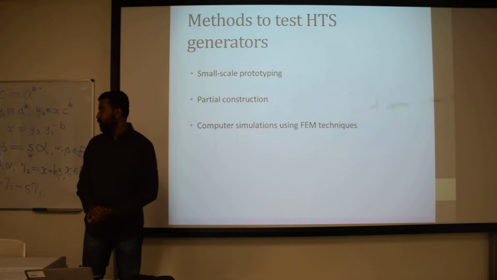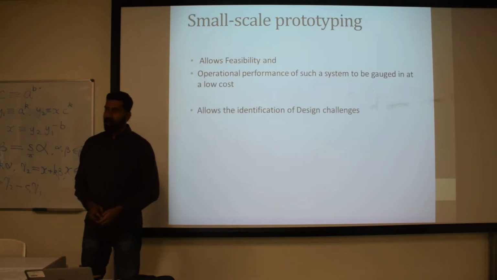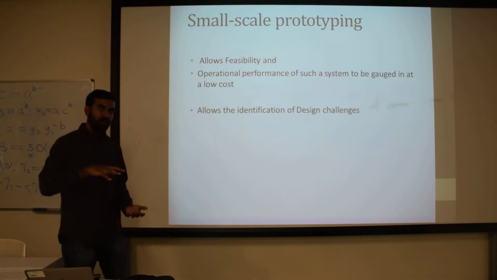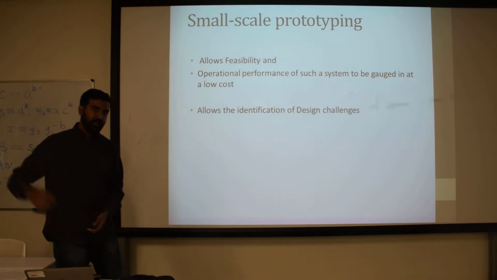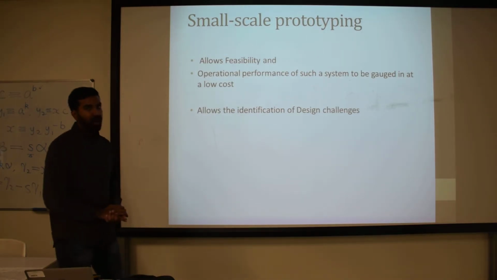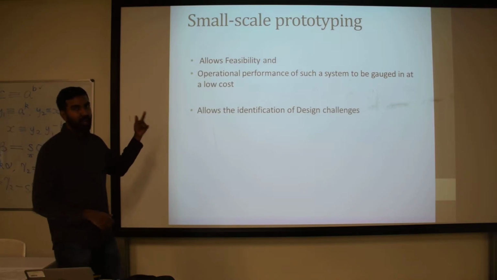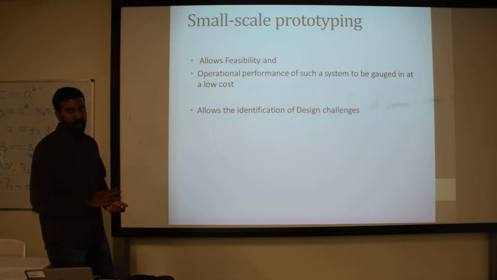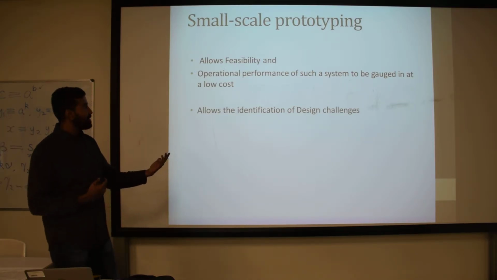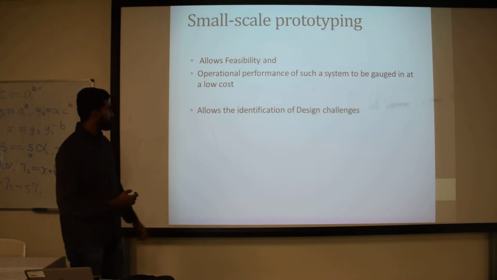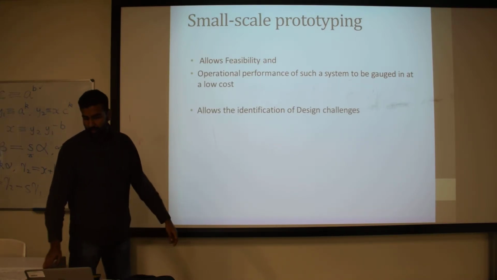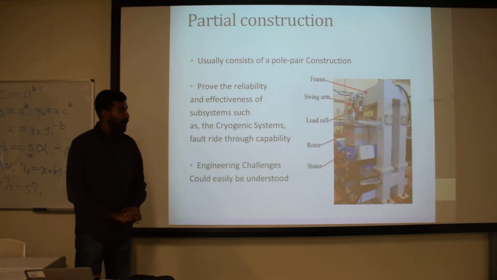If you are going to talk about small scale prototyping, it's where you make a smaller version of the actual generator that is being proposed. It allows the feasibility and operational performance of a system to be gauged at a low cost, and it allows the identification of design challenges.